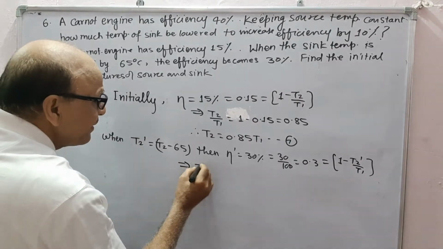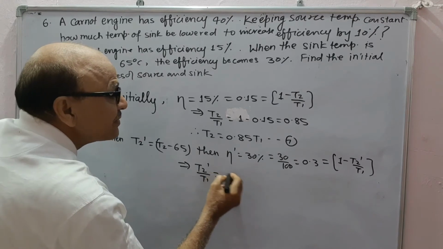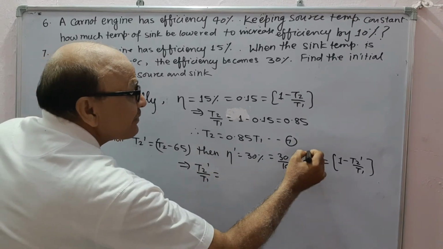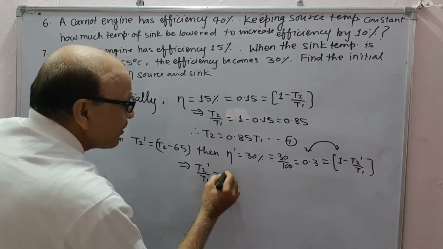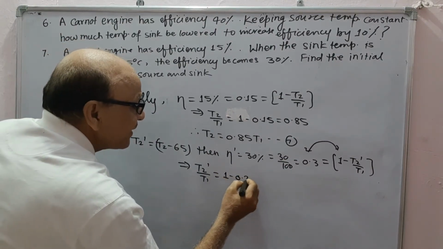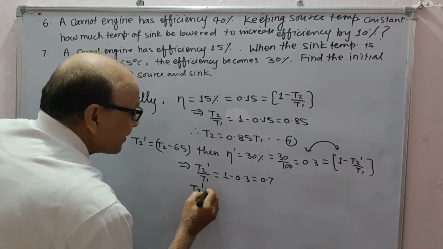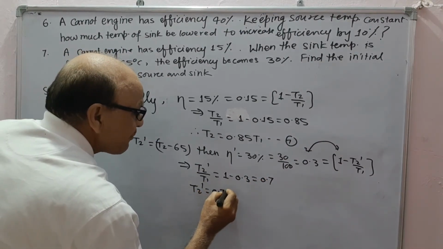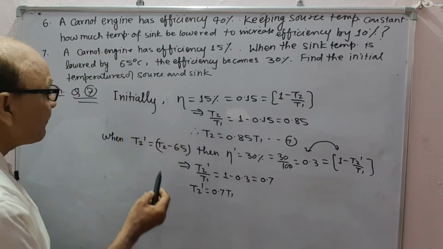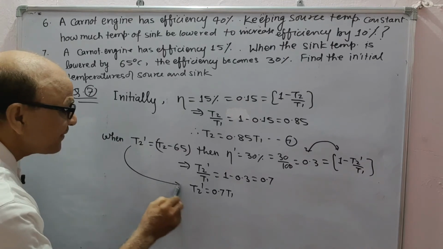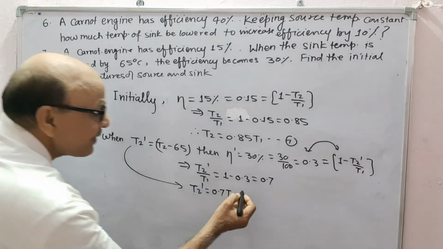This means that T2 dash upon T1 is equal to 1 minus 0.3, which is 0.7. T2 dash will be equal to 0.7 T1, and T2 dash is equal to T2 minus 65.